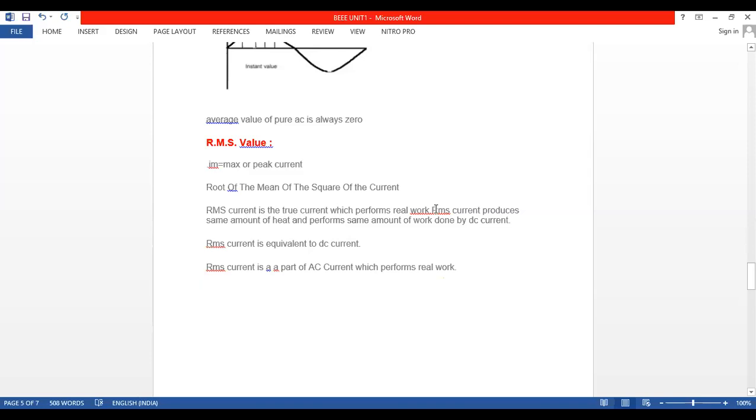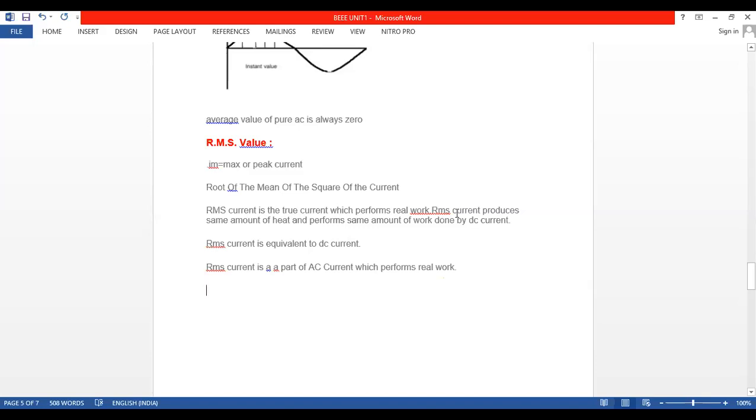So what is the proof that real work is done? If current flows through the bulb, when the bulb is on, in your house also, if you touch that bulb after a certain period of time, what happens to you? Your hand gets heated up. Yes or no? You will feel the sensation of heat energy. So that is a proof that RMS current is flowing. So whenever RMS current flows through the bulb, it gets heated up.